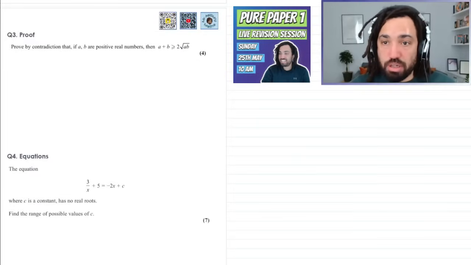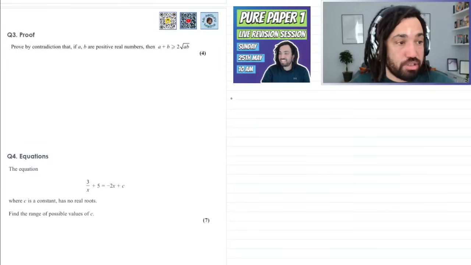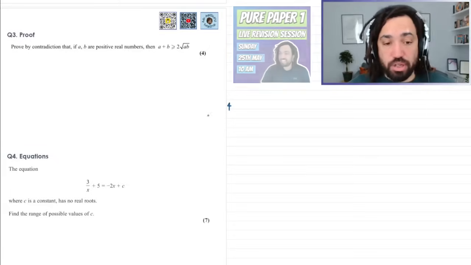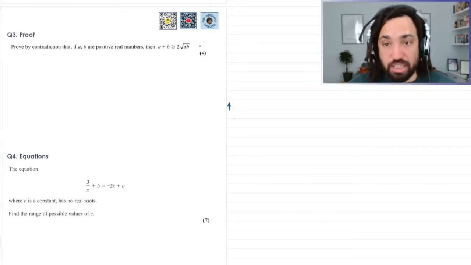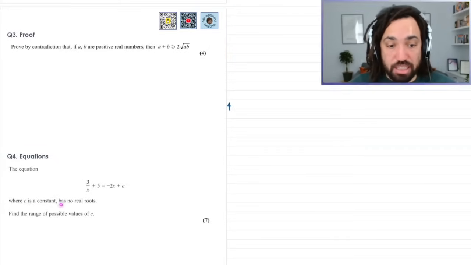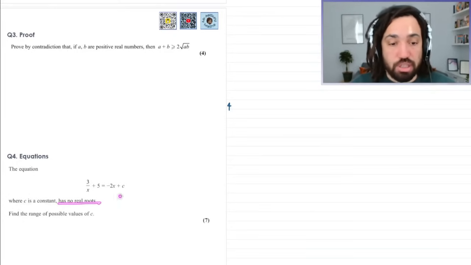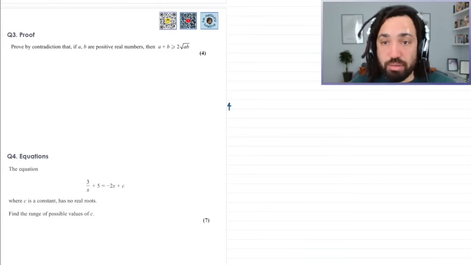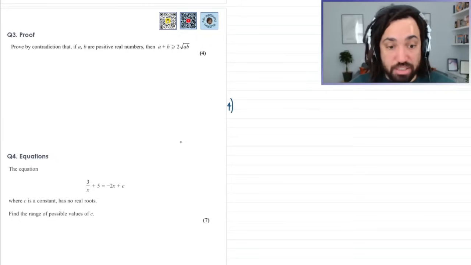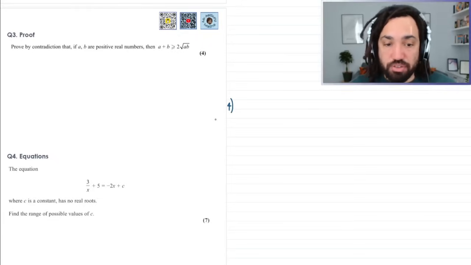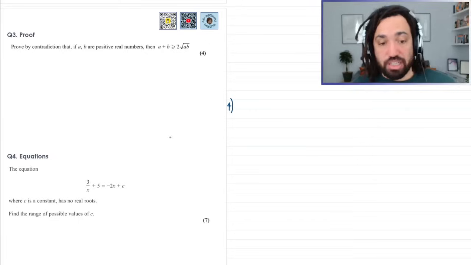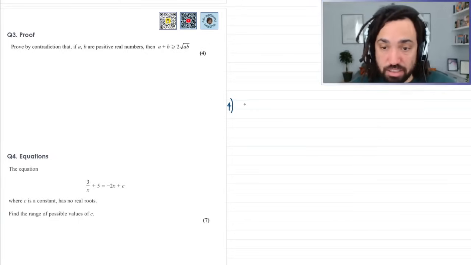Okay, now on to part 4, equations. So we've got this equation, and it says, importantly, that it has no real roots. So that means its discriminant must be less than 0. The first thing I'm going to do is turn it into a quadratic by multiplying through by x.